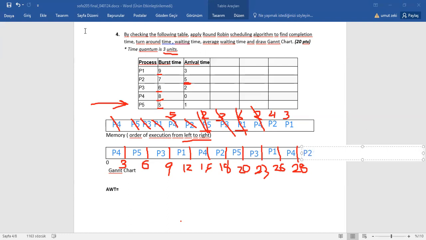P2, I will execute 3 of them. So it will be 31. So when I put it back here, I will put it here as P2. There is only 1 nanosecond left.